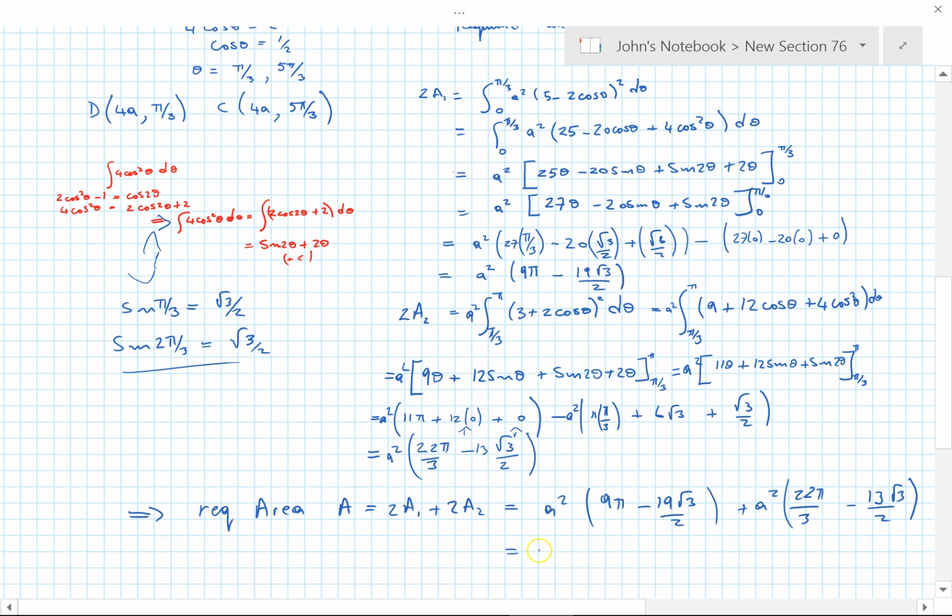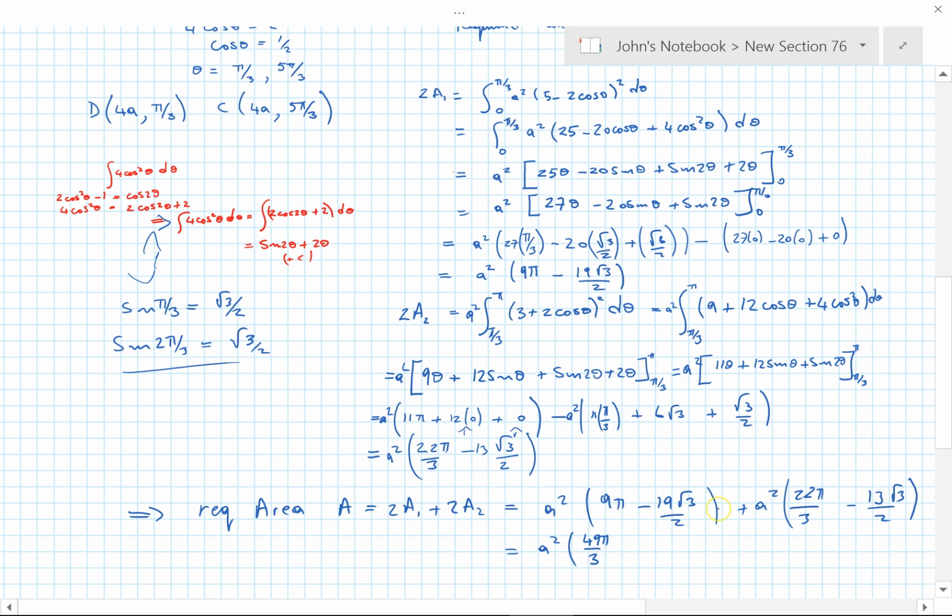Right, that makes it a squared, 9, let's put over the common denominator, so this is going to be 27 pi over 3 plus the 22, so that's 49 pi over 3.